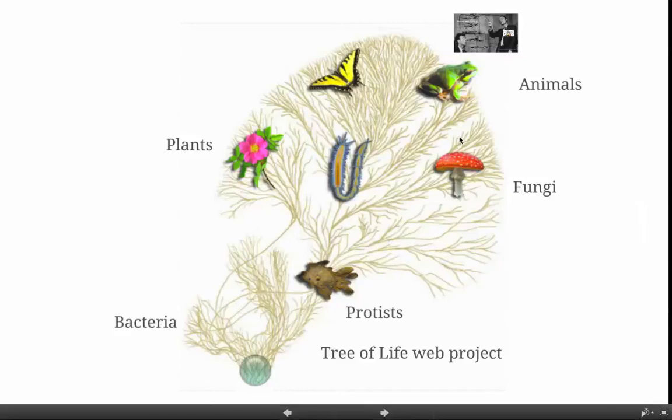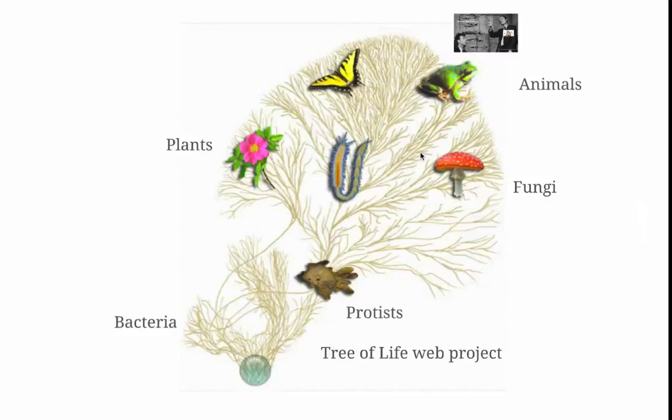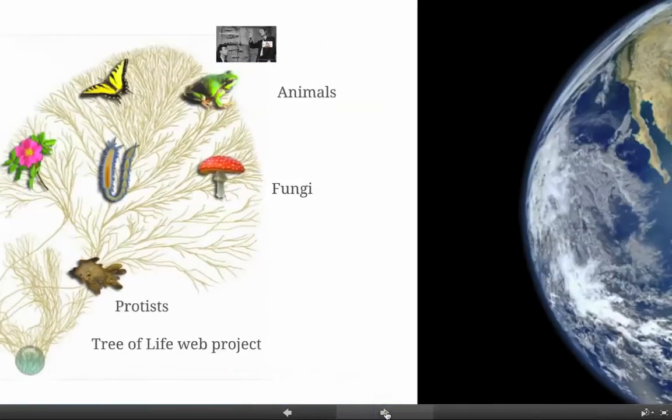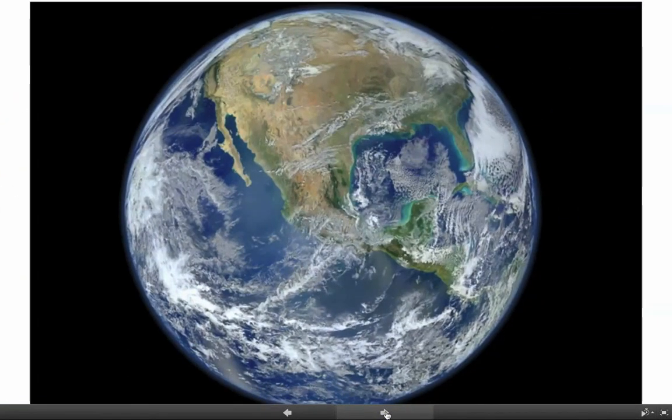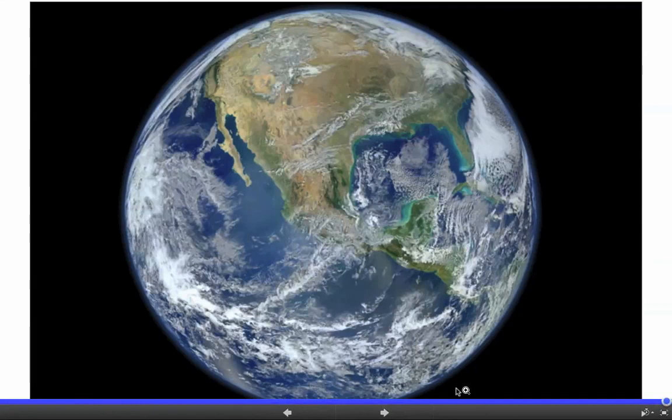But for really the rest of the course, we're going to be focusing on us, because this is a course in human biology. But I just wanted to point out that biologists are interested in how these species evolve, how they interact with each other, the ecology of these species. And at the largest scale, biologists are interested in the interactions that occur across the entire planet, across the entire globe.